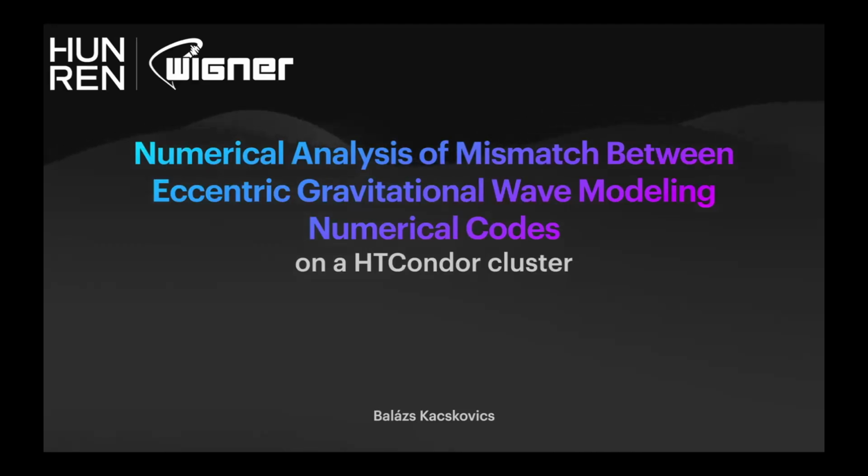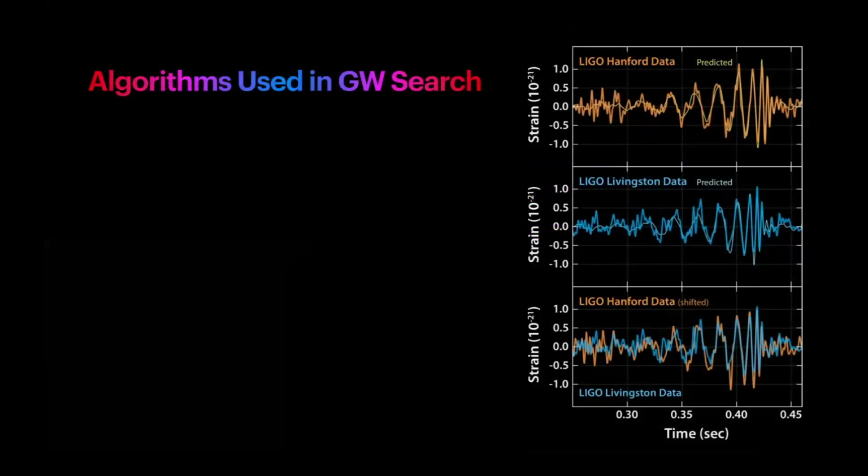So we try to find the eccentric source code, which is the so-called SEOBNR code, which is an acronym for spinning effective one-body numerical relativity eccentric code. So technically, this is a kind of branch from the one which is used in actual searches.